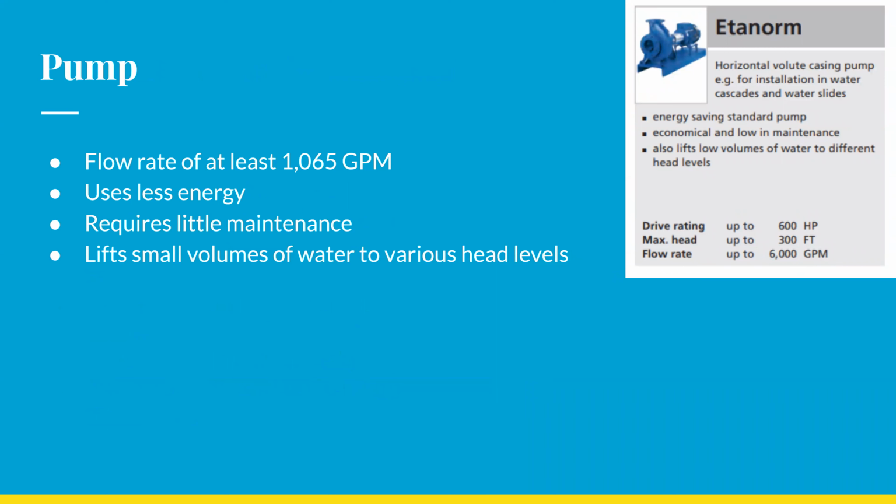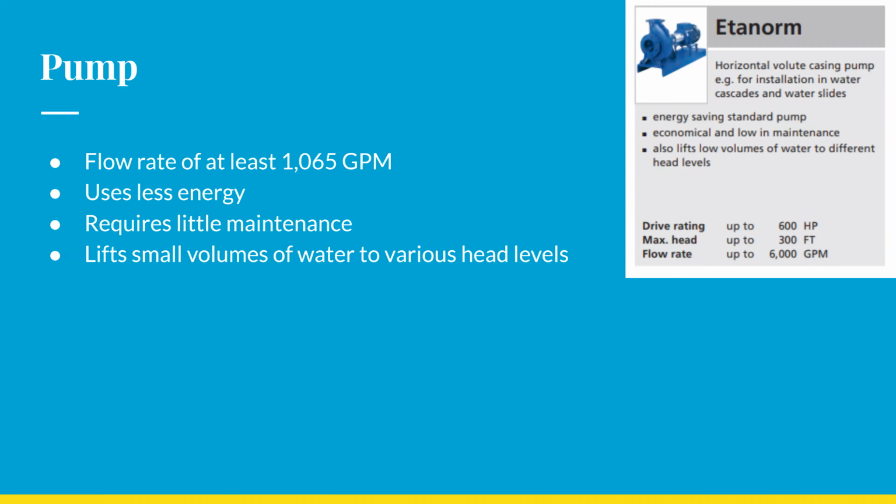So we chose the Adanorm horizontal casing pump for our water slide. It's a pump that's advertised for slides and water features, with a maximum head of 300 feet, a drive rate of up to 600 horsepower, and a max flow of 6,000 gallons per minute. We thought that would be plenty of room for what we need.